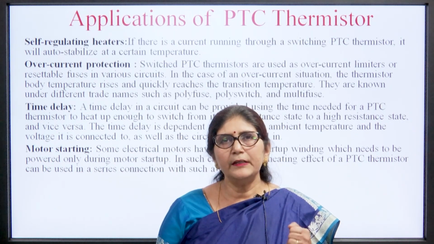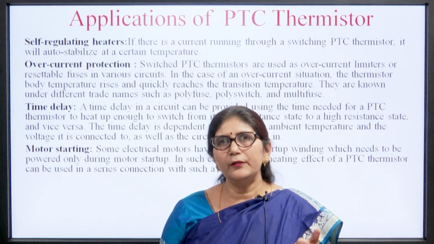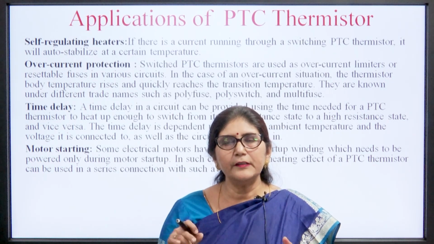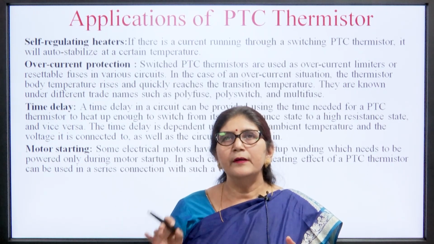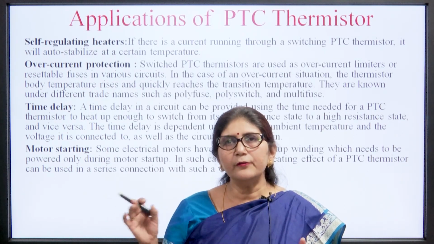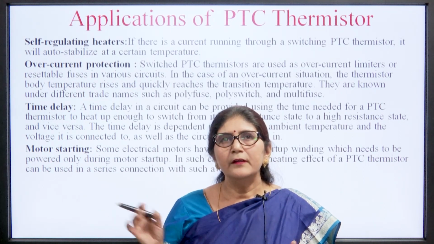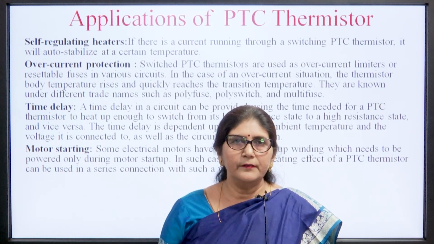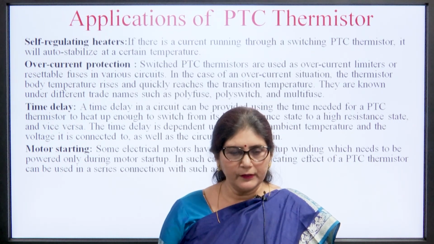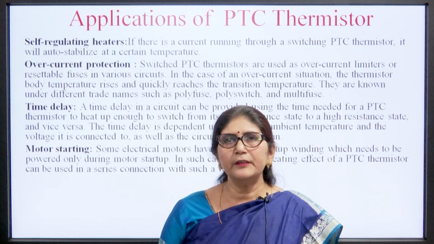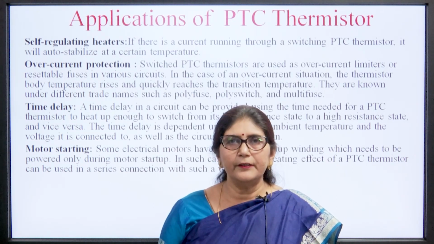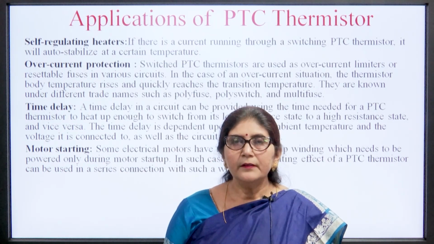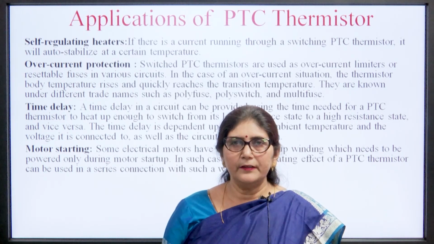A time delay in a circuit can be provided by using the time needed for the PTC thermistor to heat up enough to switch to the higher resistance state, and vice versa. The time delay depends upon the size of the thermistor, the ambient temperature and the voltage it is connected to, as well as the circuit in which it is utilized.